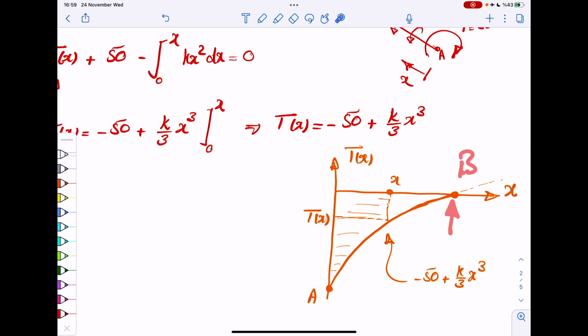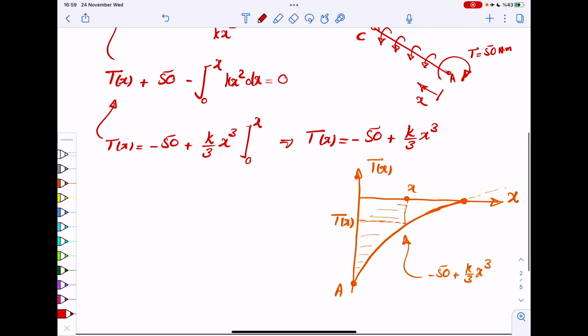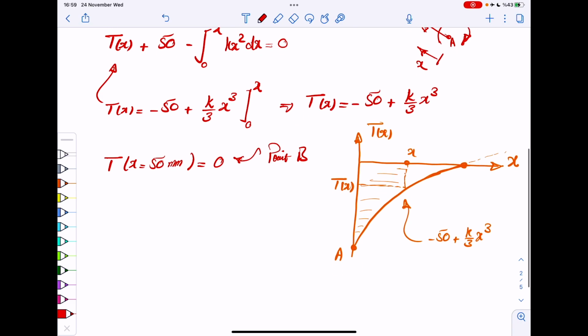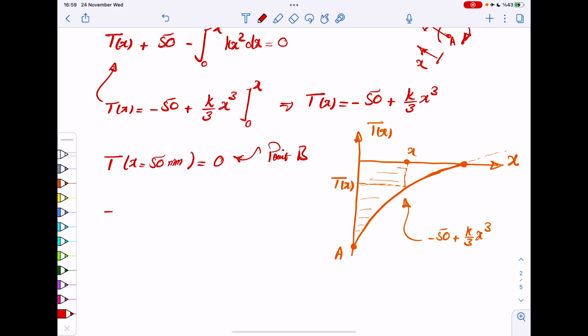In other words, in your T equation, if you assume x is equal to 50 millimeters, then you want this to be 0, which is point B. From that, you would say minus 50 plus k over 3, and then 50 millimeters is 0.05 to the power 3, equals 0.